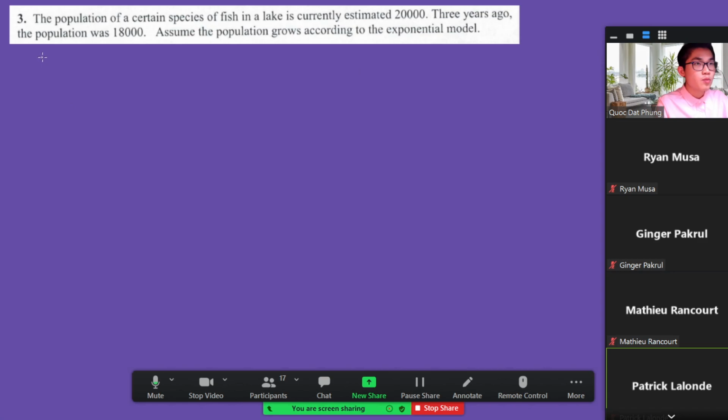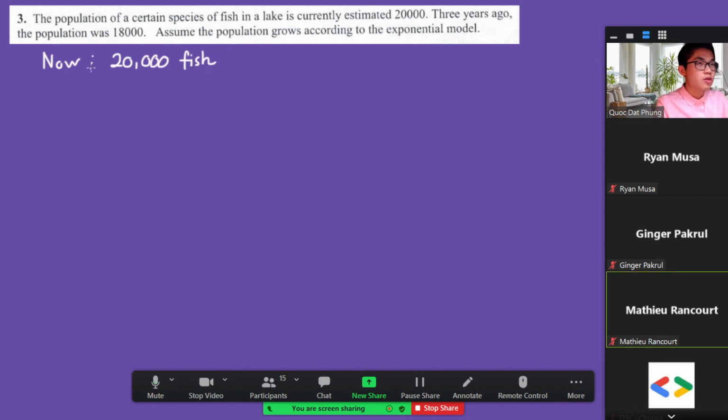Let's say we know that right now we get 20,000 fish. 3 years ago, it was 18,000. And we have to use the exponential model.